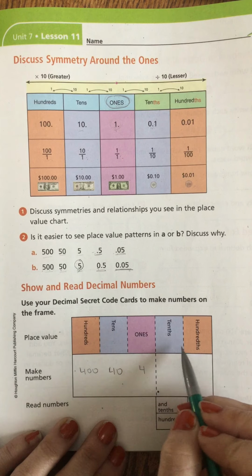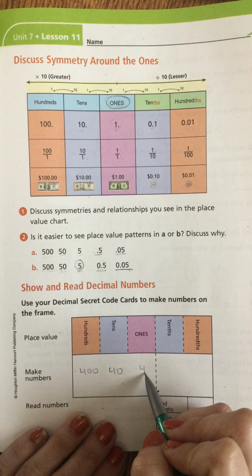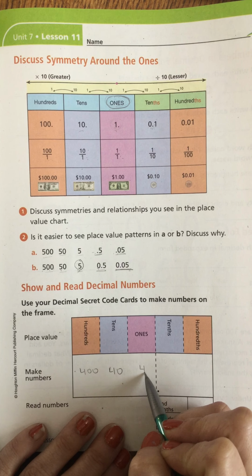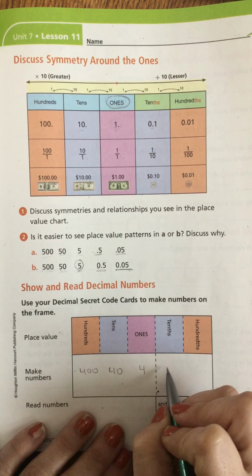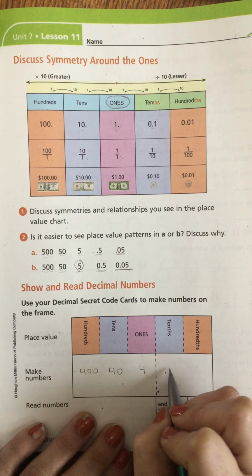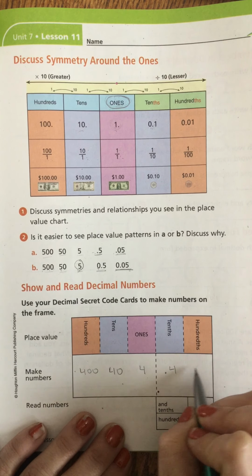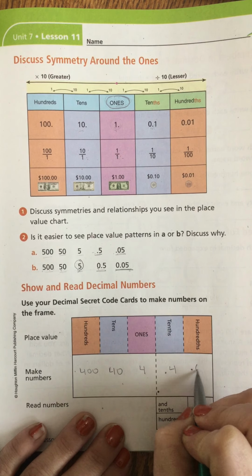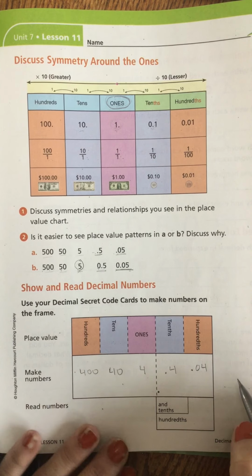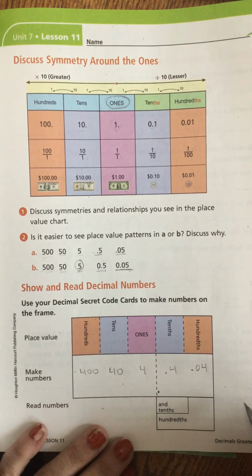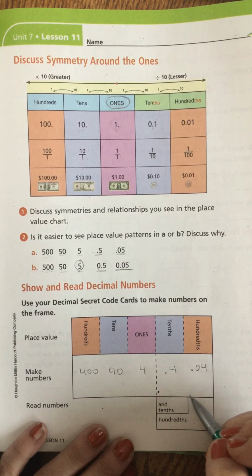Now, if I went to the right, I'm taking that 4 and dividing it by 10. So that should be 4/10. And now I'm dividing it by another 10, so it'd be 400ths.